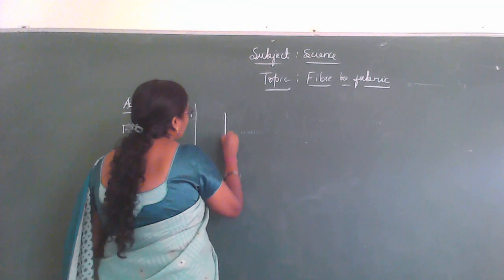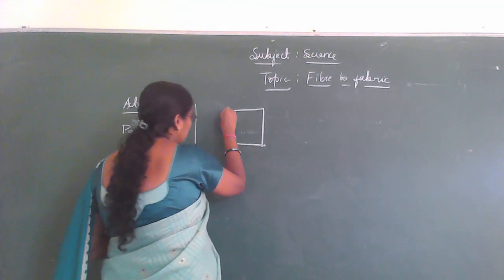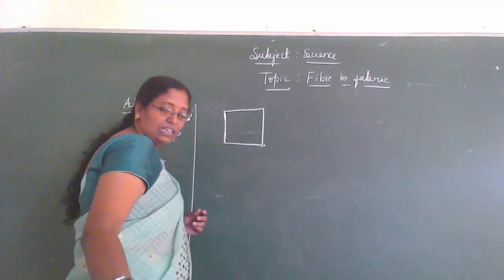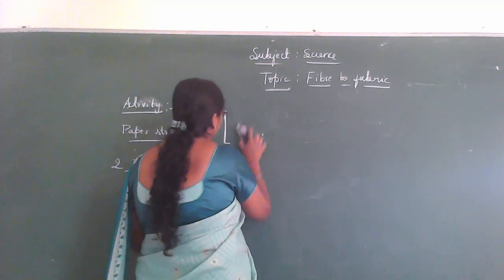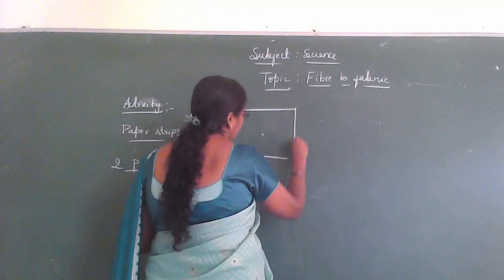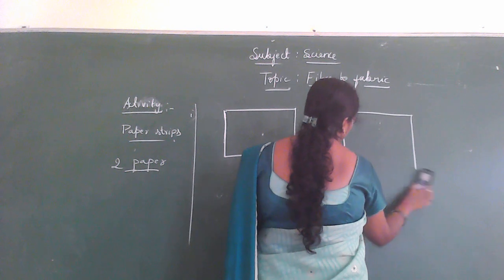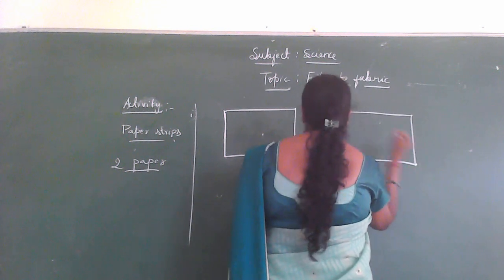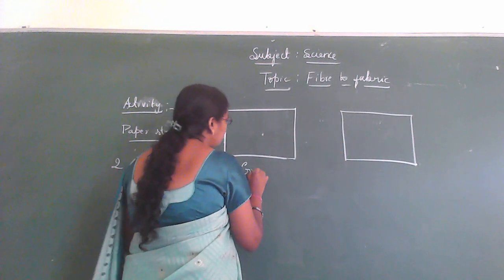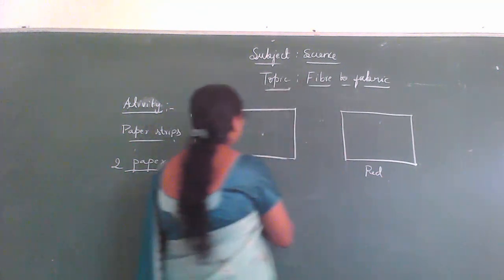Children, I want to take the paper, it should be equal to 30 centimeter. Okay, so it is green in color, it is red in color.